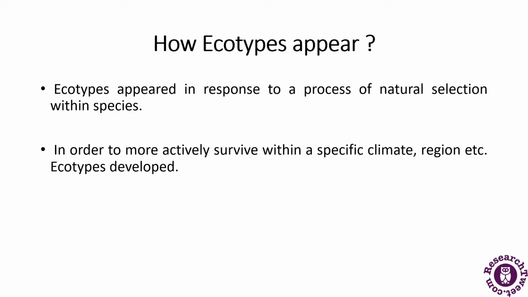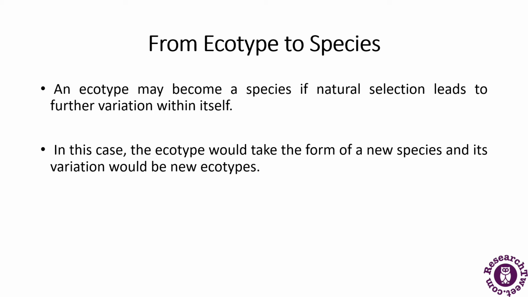The next is from ecotype to species. An ecotype can become a species if natural selection leads to further variation within itself. In this case, the ecotype would take the form of a new species and its variations would be the new ecotypes.